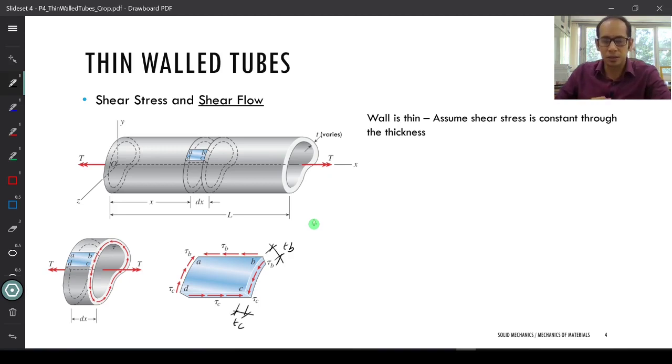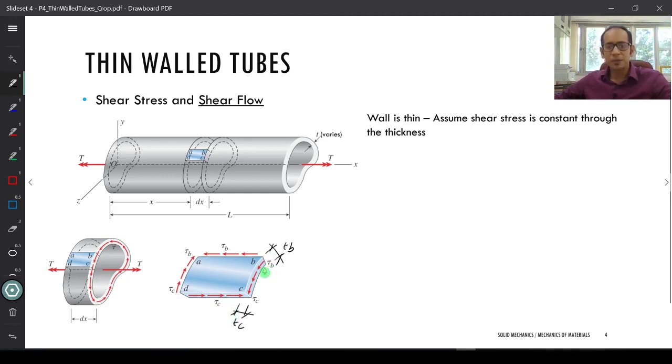And as we learned from our discussions a couple of pages before, since this is a non-circular cross section, my points B and C are at two different distances from the centroid. So here I am going to have a particular shear stress tau B. Here I will have a particular shear stress tau C, right?